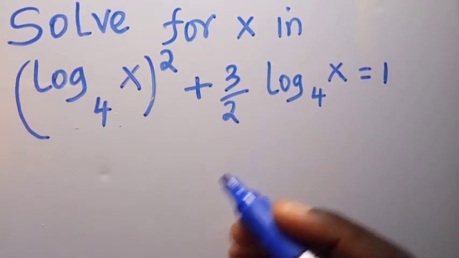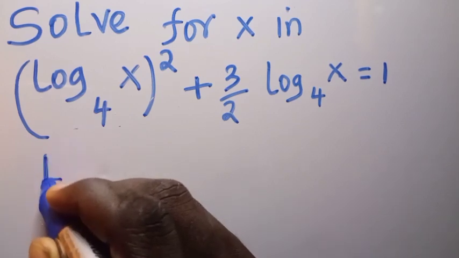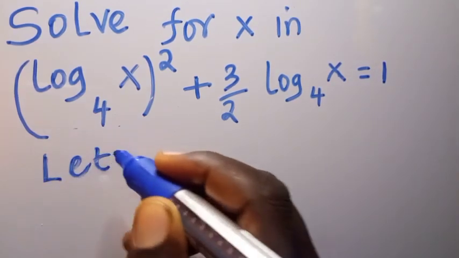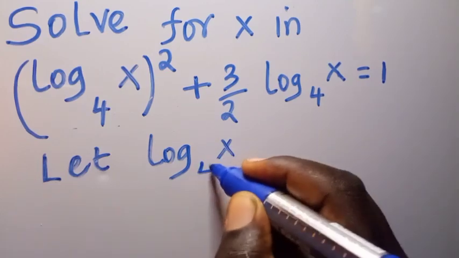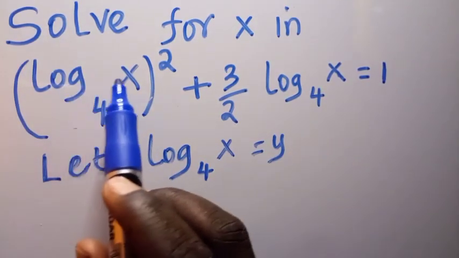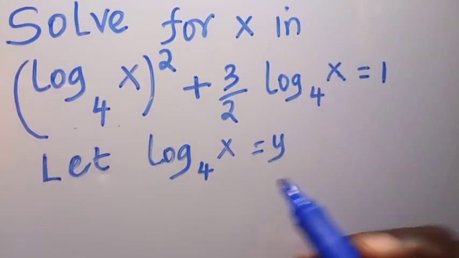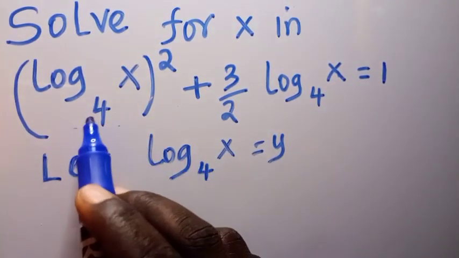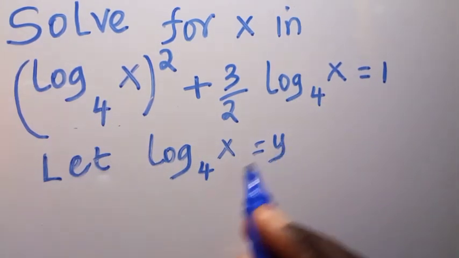The first thing that we will do is let the logarithm of x base 4 be y, because you can see that this is the logarithm of x base 4 and this is the logarithm of x base 4. So instead of this, we shall have y, and instead of this, we shall have y.